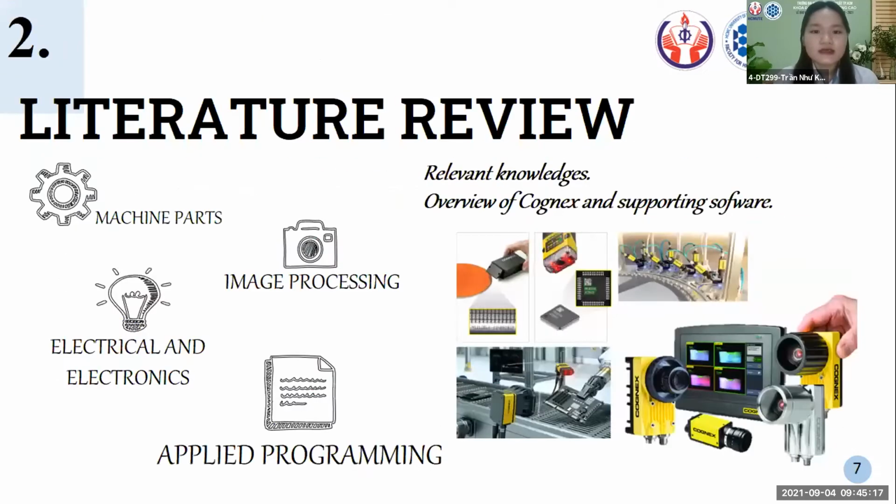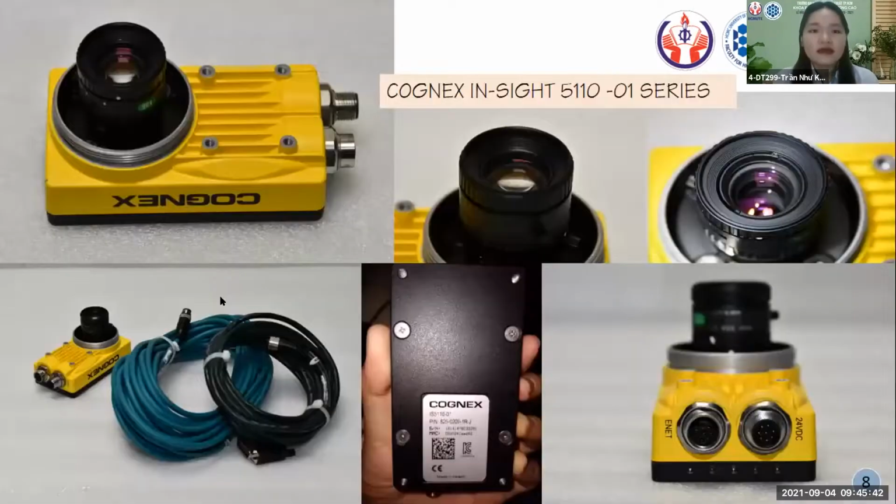To accomplish this project, I prepared the necessary research as well as the application and software provided by the manufacturer, along with relevant knowledge from my training program. Here is a photo of the device I will use for my project.